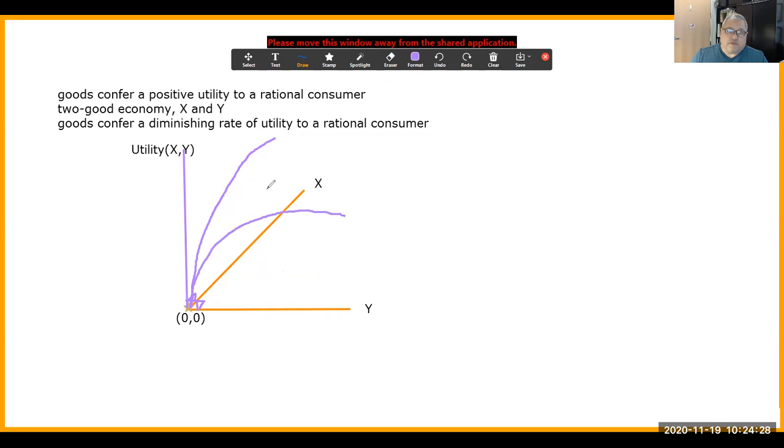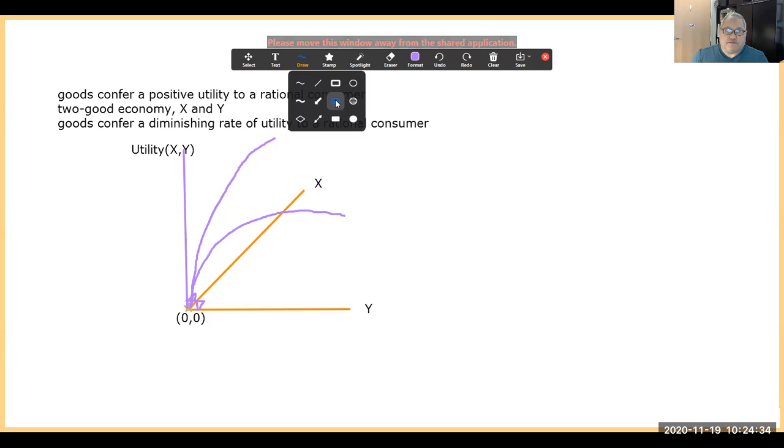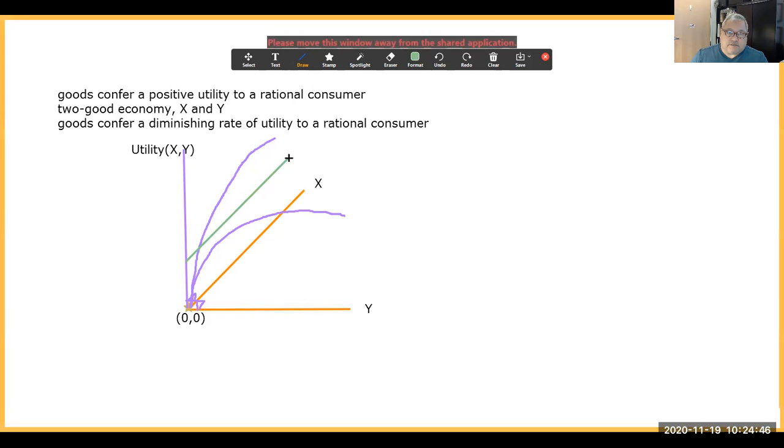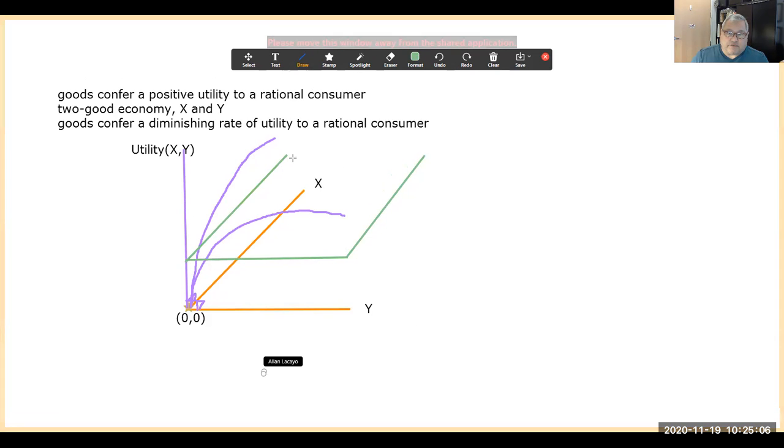Utility keeps increasing, but at a decreasing rate. And if we were to create a plane, and this plane cuts through the data, if we create a plane at a certain height of utility, okay, so this is at a level of utility with respect to X, and then we have another angle which is at a level of utility with respect to Y. And I'm making this a plane, which is like a sheet of paper or a sheet of cardboard.